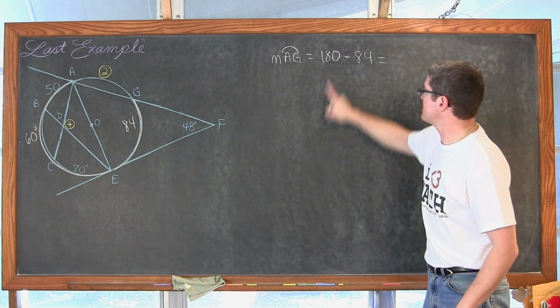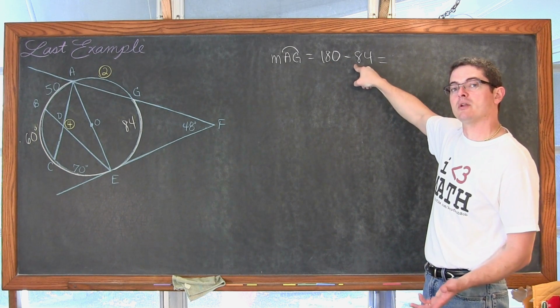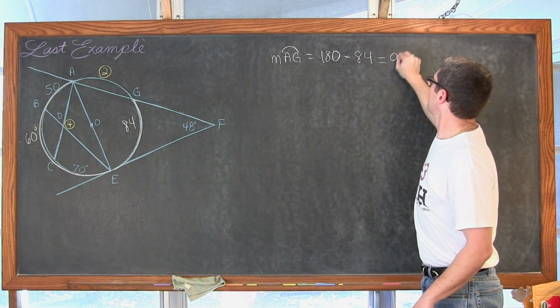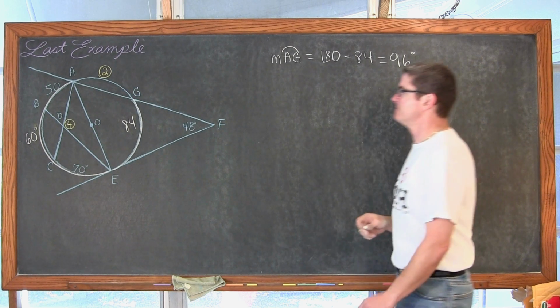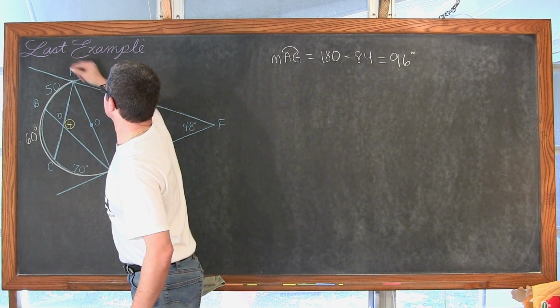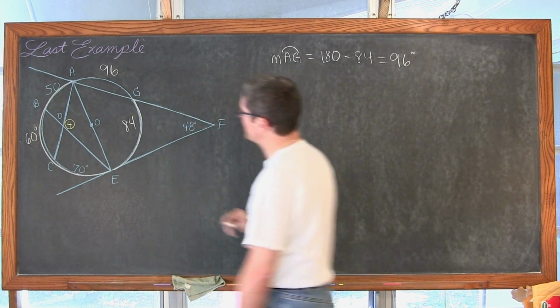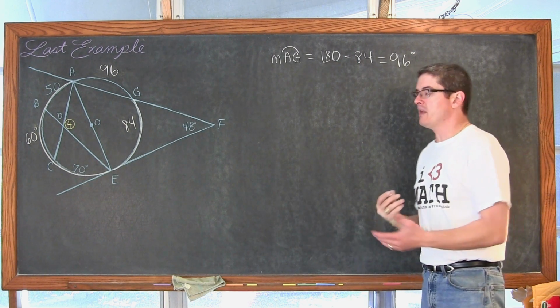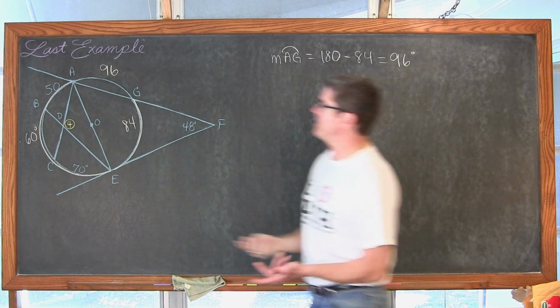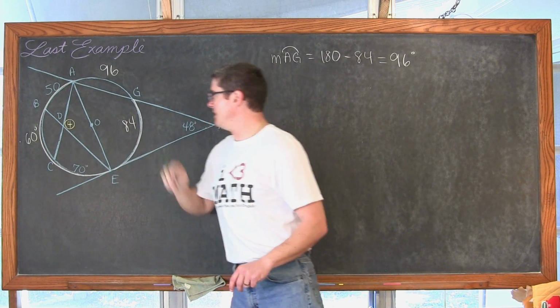Let's try and do this right this time. 180 minus 80 is 100, and 100 minus 4 is 96. Okay, let me just check one more time. AG, yes, 96. Well, the only thing left is the measure of angle 4, or the measure of angle ADE.